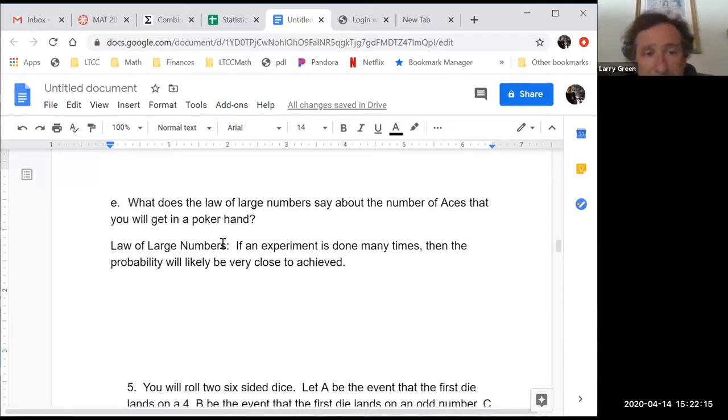So in particular, what does the law of large numbers say about the number of aces that you're going to get in a poker hand?